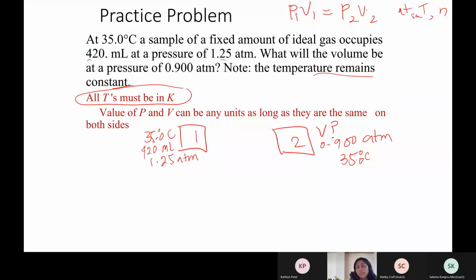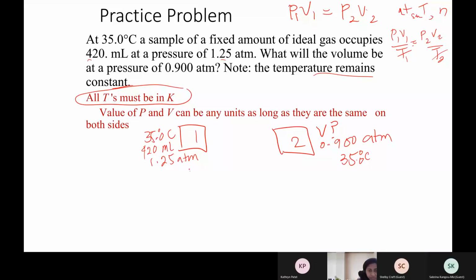Okay. Or you can use P1 V1 over T1 equals P2 V2 over T2. But the temperatures are equal, so basically we can use the Boyle's law equation.